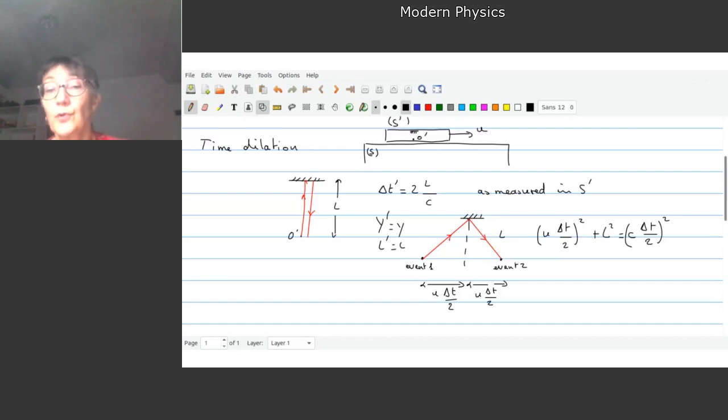So we want to solve this equation in delta t.